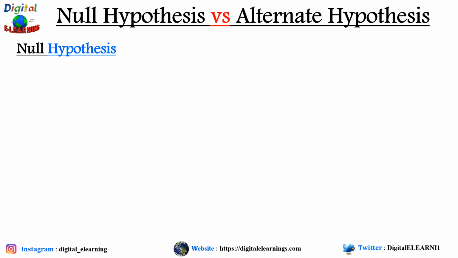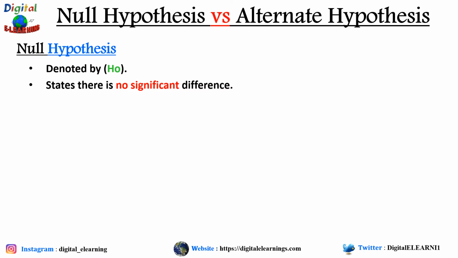We'll start with the null hypothesis. It is denoted by H naught. It always states that there is no significant difference, and the difference that you have is just by random chance. It means that there is no significant difference between the population mean and the sample mean. It is always the accepted fact and is referred to as the status quo.